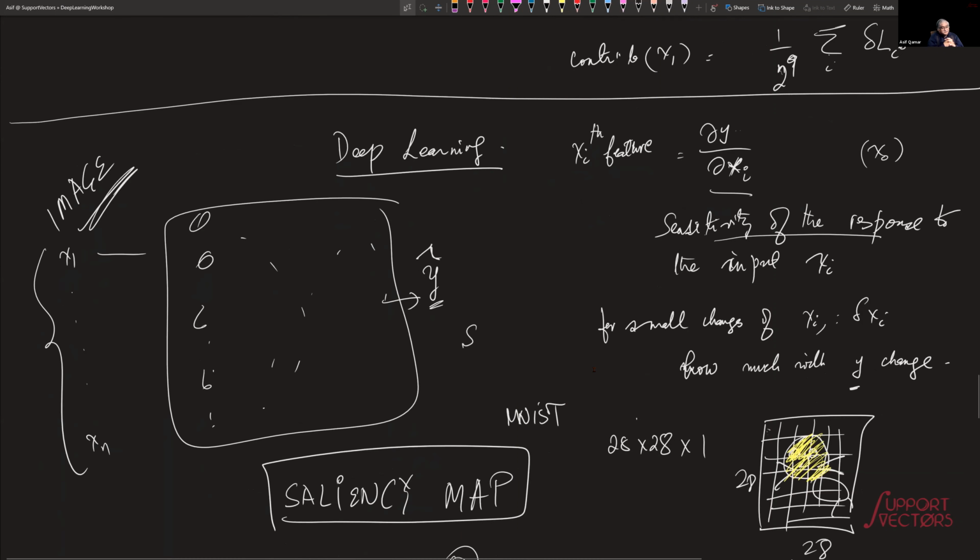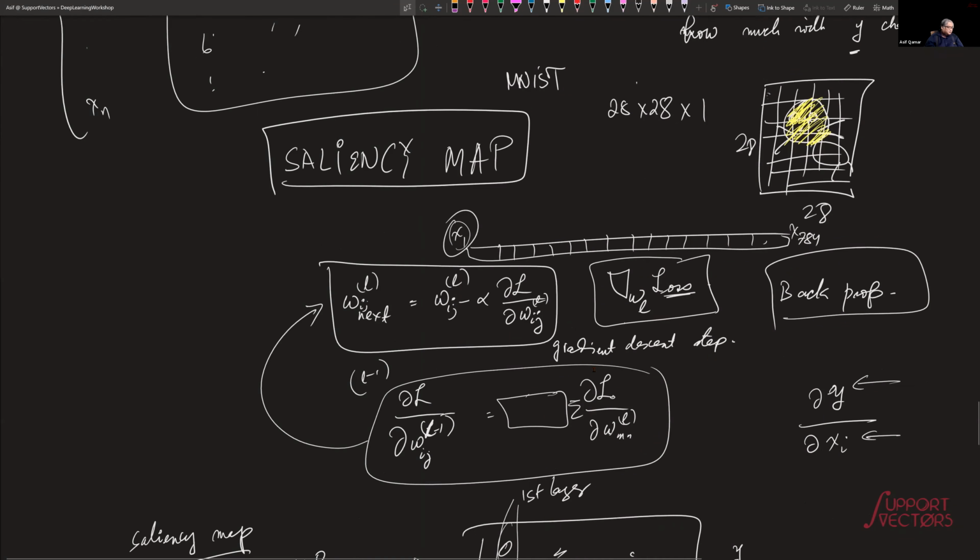Then comes the deep learning model, which builds on the same idea. The earliest idea is that if you have the gradient of the response with respect to the input, you know the sensitivity of the response to the input, you get the saliency. Right? And so this brings up all of these little techniques with variations: saliency map, activation map, Grad-CAM, which includes the gradient also into the activation map, and so on and so forth.